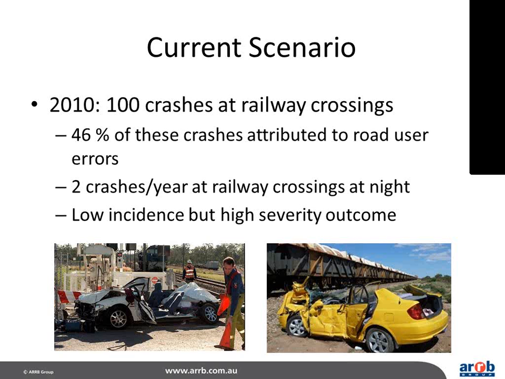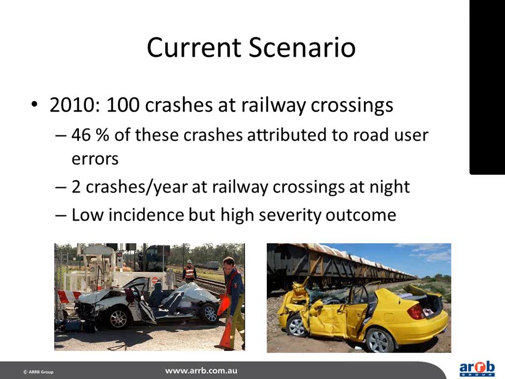Road user errors could be speeding on approach to a crossing, not stopping in time and crashing into the side of a train, or failure to give way or stop to check that the crossing is clear before carrying on. On average, annually, in the last 10 years, there were about 2 crashes per year at railway crossings at night. This does not include near misses. There may be near misses at night, but they may not have been reported.